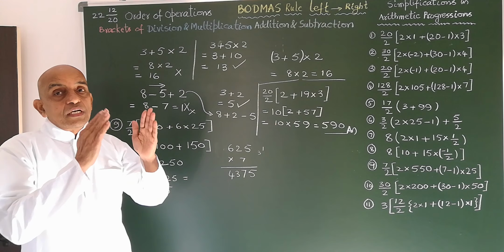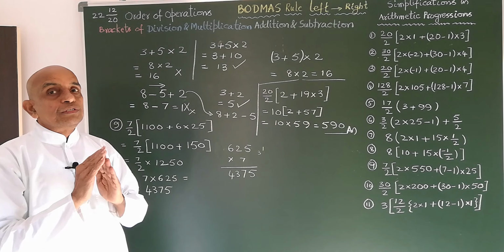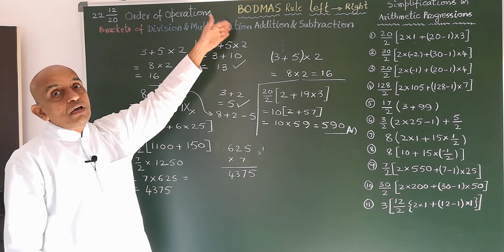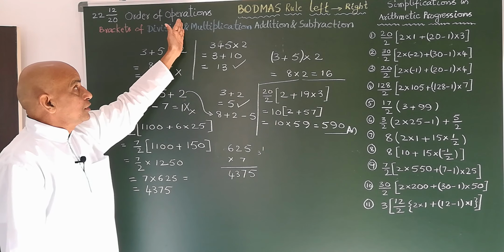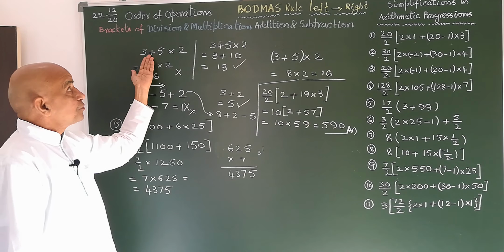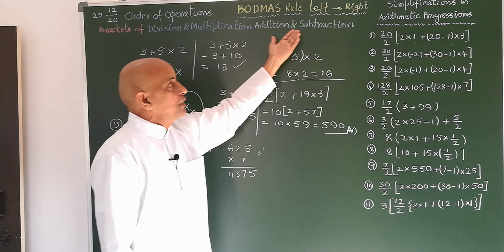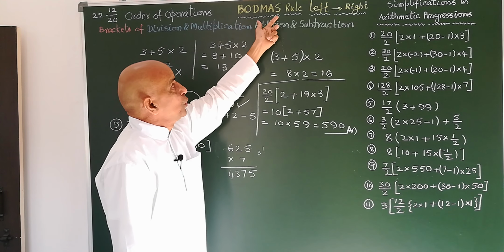That is why certain rules are framed and all are following the same rules. That is why an order is followed while doing the operations. It is called order of operations. This order is multiplication comes first, then addition. To remember this: brackets, of, division, multiplication, addition, subtraction, in short form it is written as BODMAS rule.